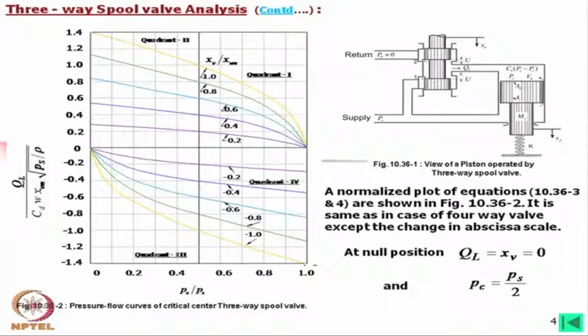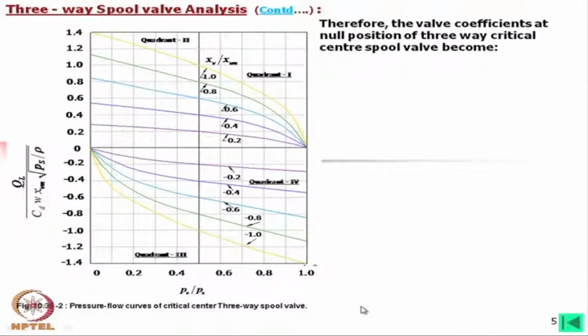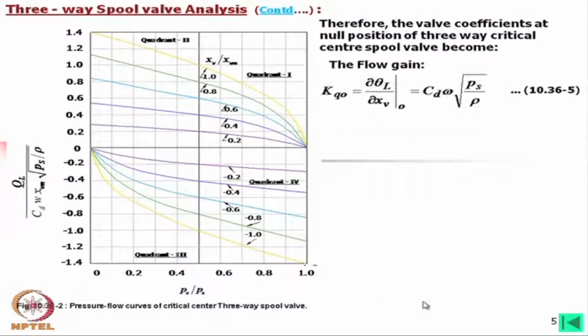Okay. What we consider is that q l is equal to 0 and our control pressure is here at null position. Therefore, the valve coefficients at null positions of a 3-way critical center spool valve can be written from this.